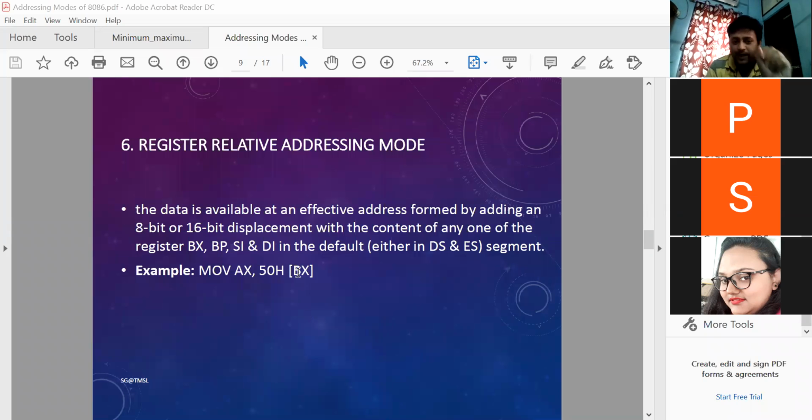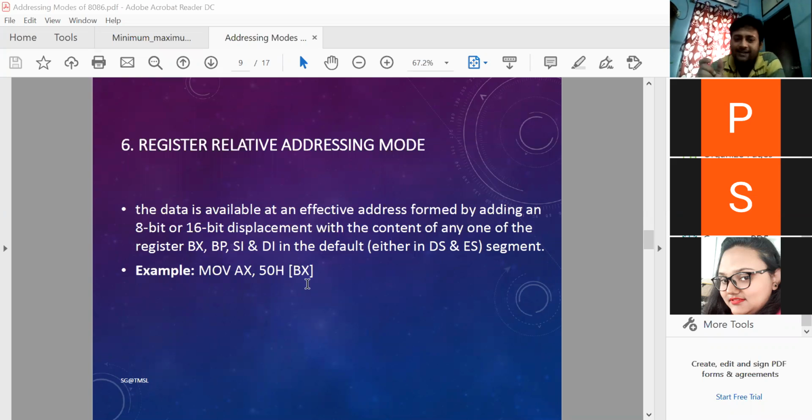At the top of your copy, write: DS is equal to 3000, BX base register equals 1000, displacement equals 50h.